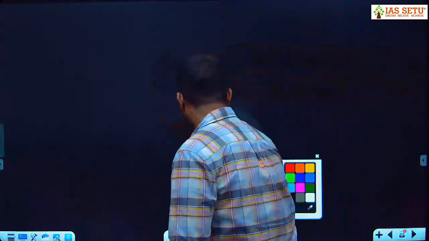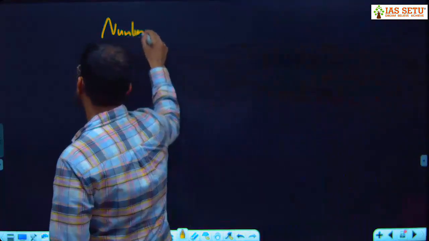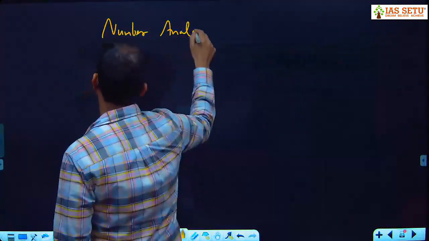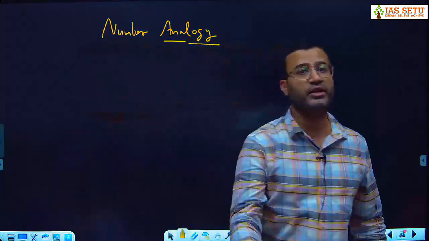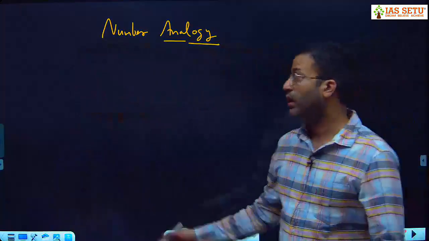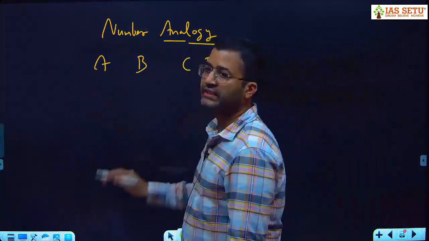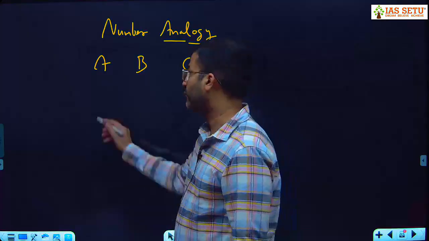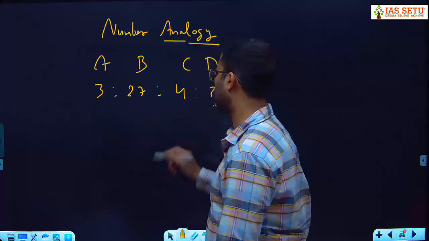What is analogy? I have taken number series with you. Similarly, we have number analogy. Let me explain, then you can try. Analogy is a concept. Logy means study, ana means same: same relationship, same study. They give A, B, C, D. Generally in this type of question A, B, C, D are given. Like for example 3, 27, 4, question mark.